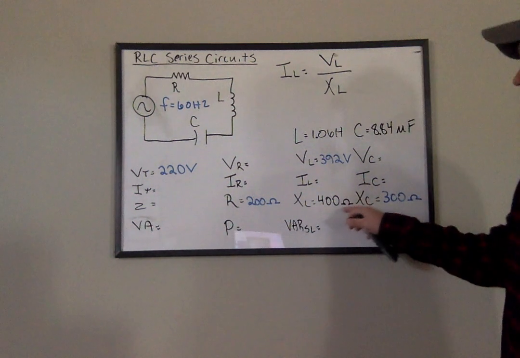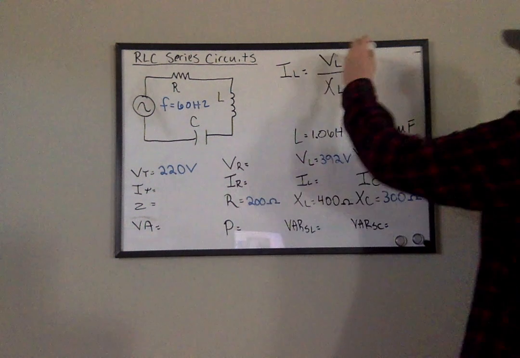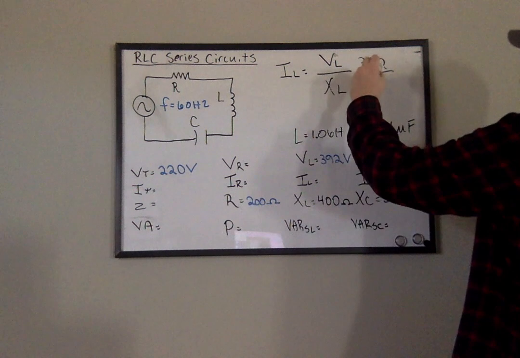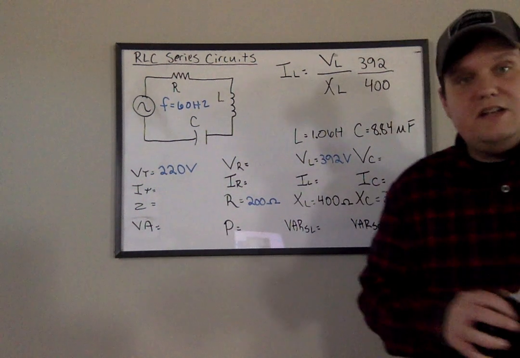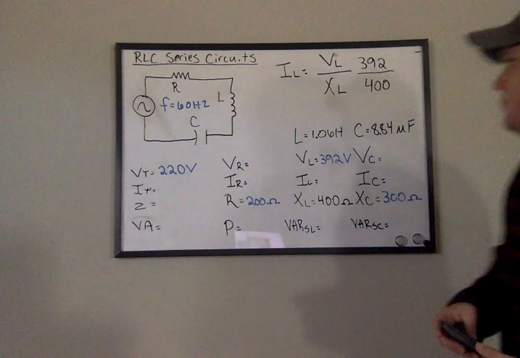And my ohm value in this case is XL. So I'm going to have 392 divided by 400, and that'll give me the current through that inductor, which will also give me the current everywhere.